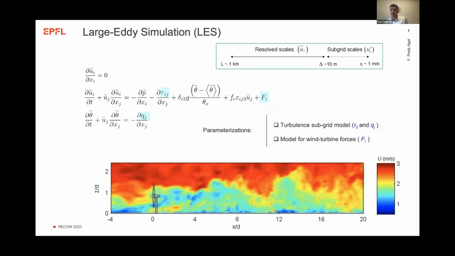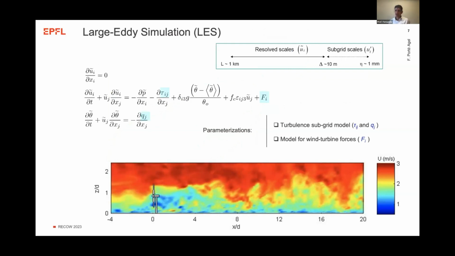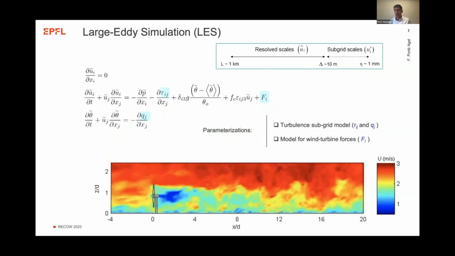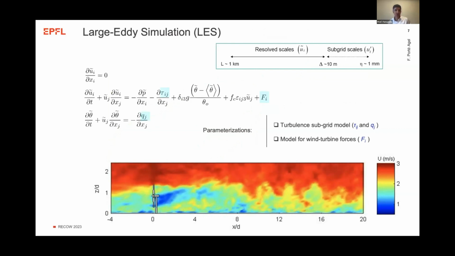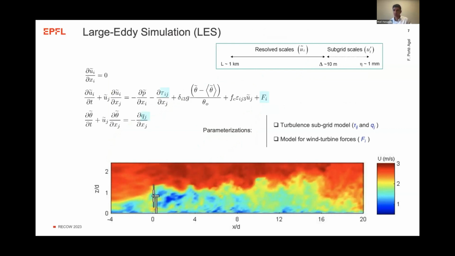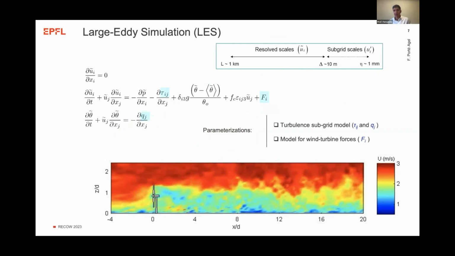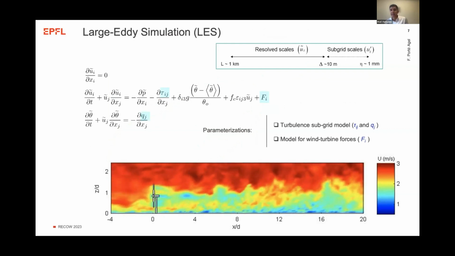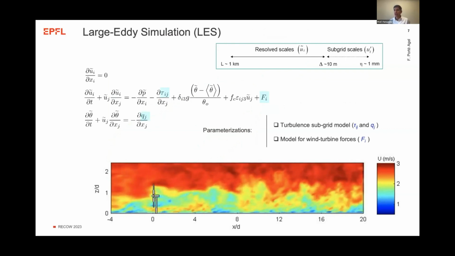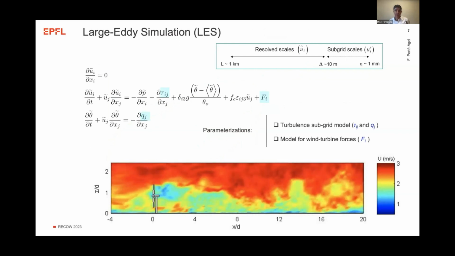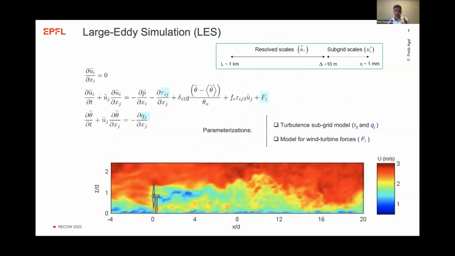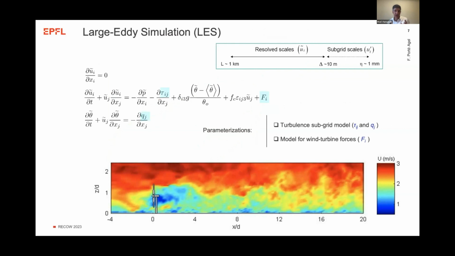In large eddy simulation, basically, again, we solve the conservation equations of mass, momentum, and heat, because heat is very important in the atmosphere. Those equations are filtered using a spatial filter, which is on the size of the resolution that we use.